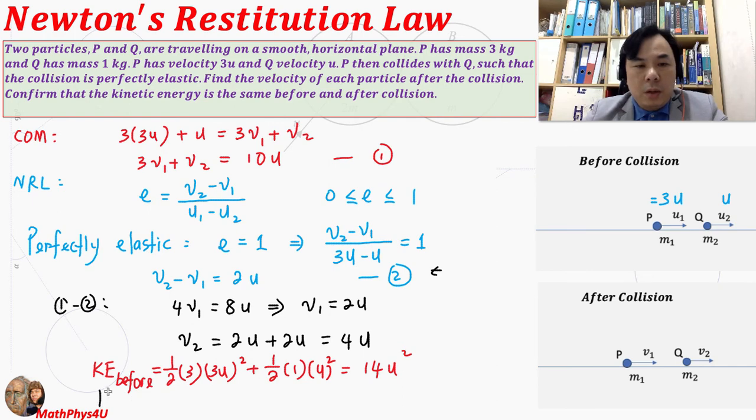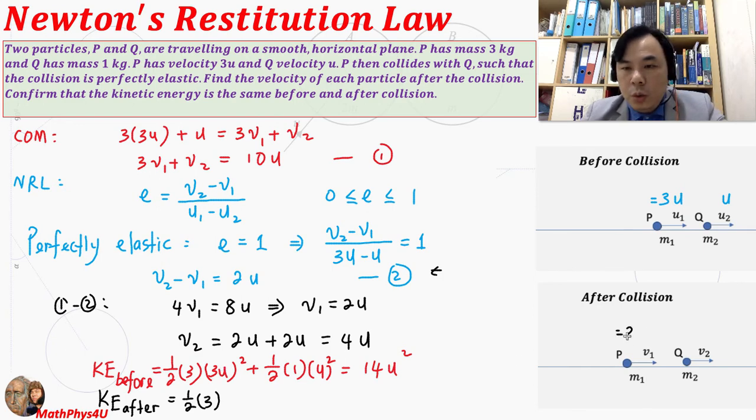So now I'm going to calculate the total kinetic energy after collision. So after collisions, this becomes 2u now, and then this one becomes 4u. Alright, so therefore I'm going to plug that in.